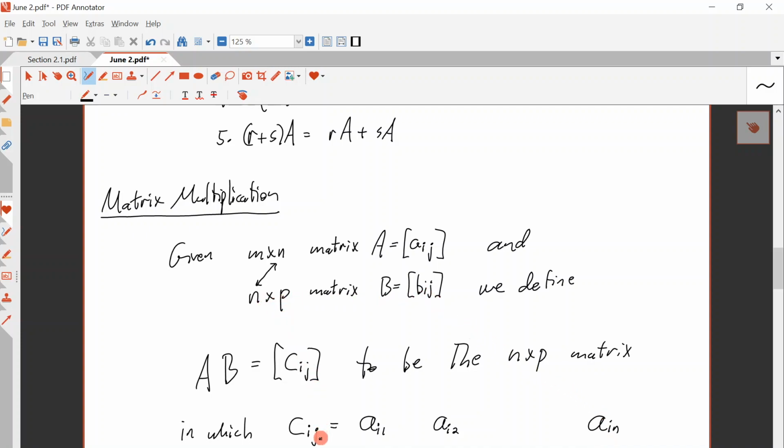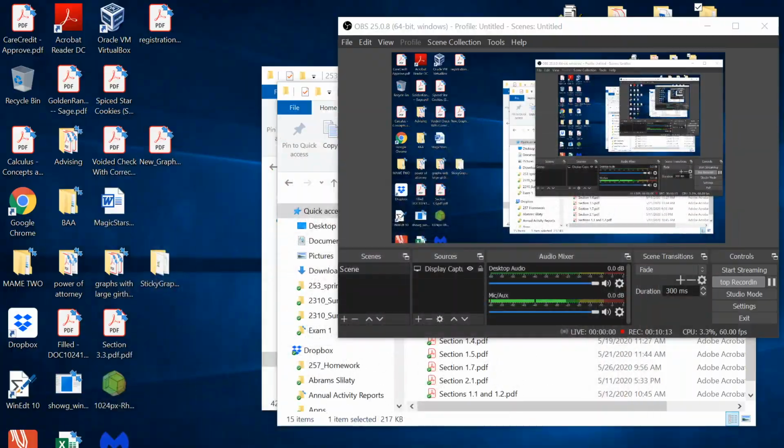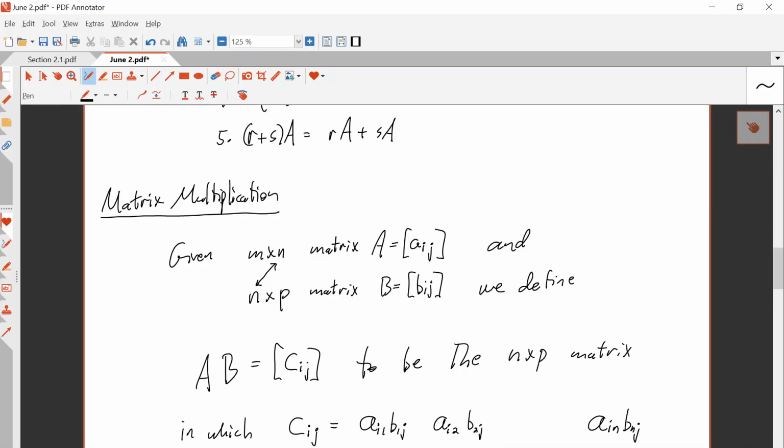So you take the jth column, which has N entries in the matrix B. So this is B1J, B2J, B3J, up to BNJ, and you multiply these corresponding entries. And then you take those products, and you add them.